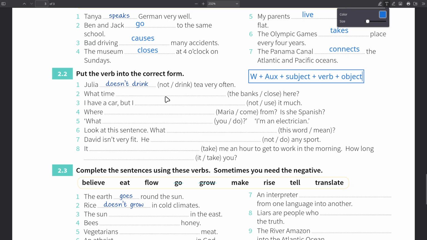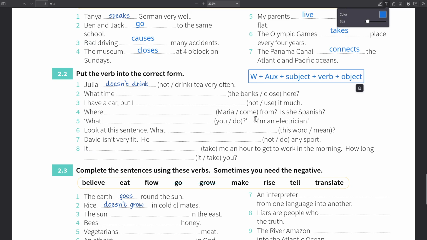That's our structure. We got "what time", so we already completed the question word part. And the next thing is our auxiliary.